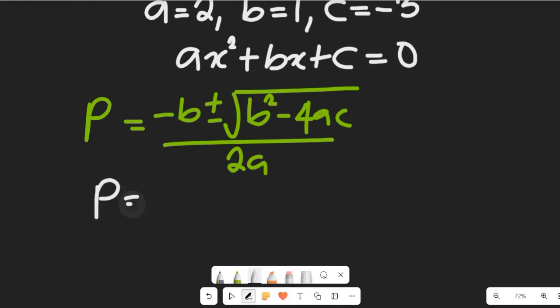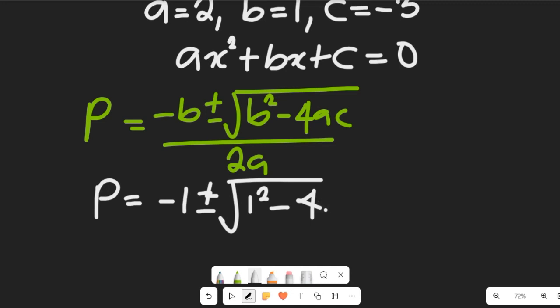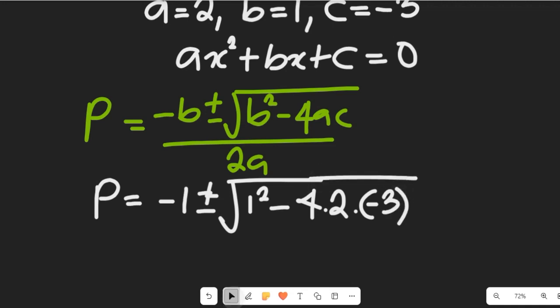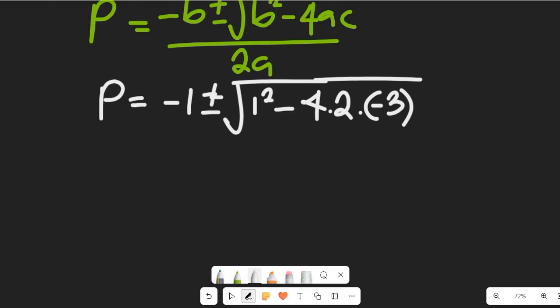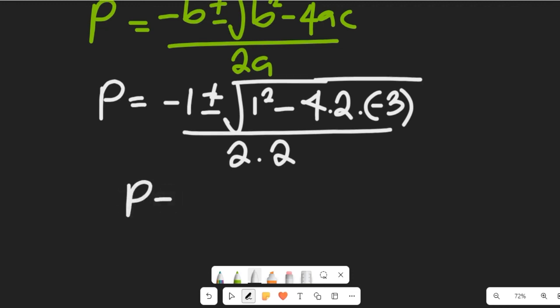Our p will be equal to negative 1 plus or minus the square root of 1 squared minus 4 multiplied by 2 multiplied by negative 3, and all these will be divided by 2 multiplied by 2.